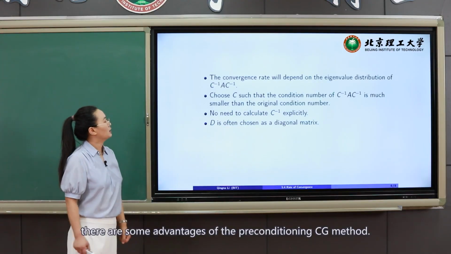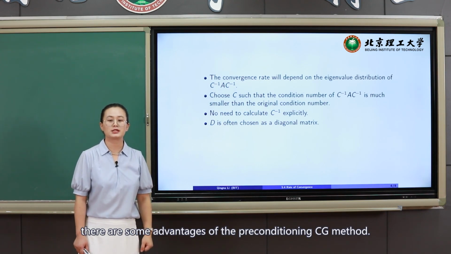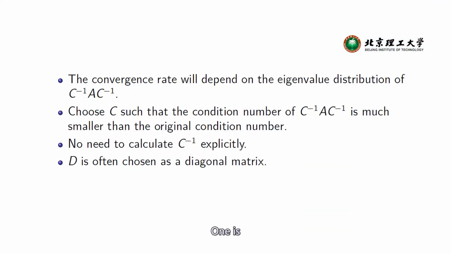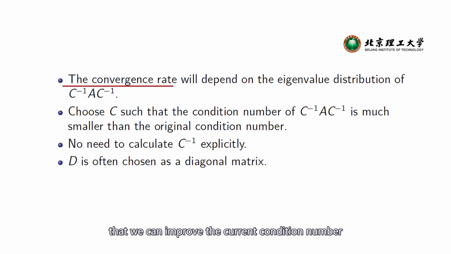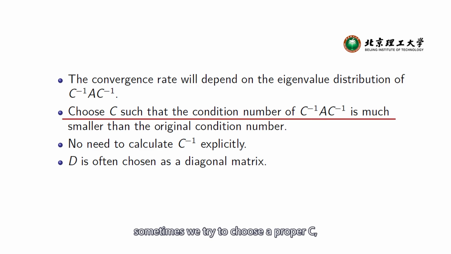Now, there are some advantages of the preconditioned CG method. One is that we can improve the current condition number of the coefficient matrix A. The other one is that we can choose a proper C on our own.